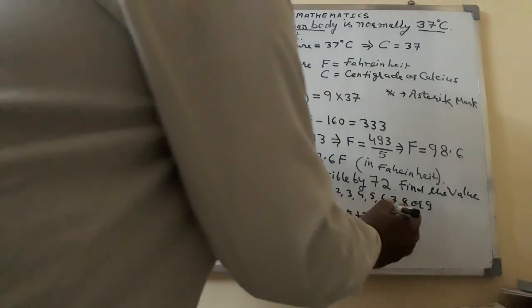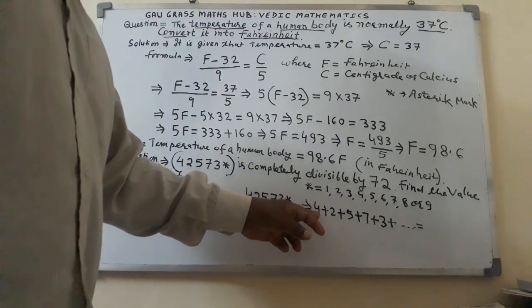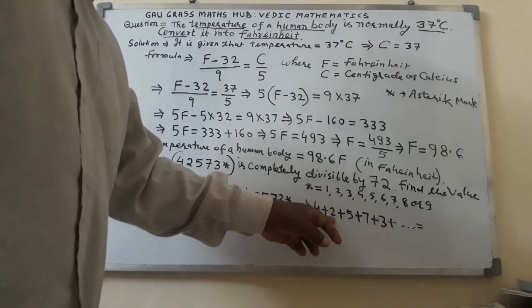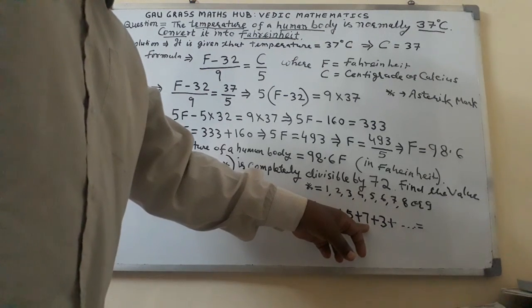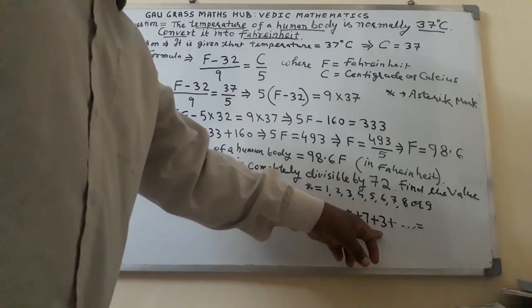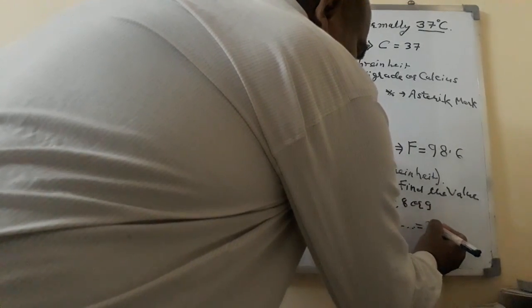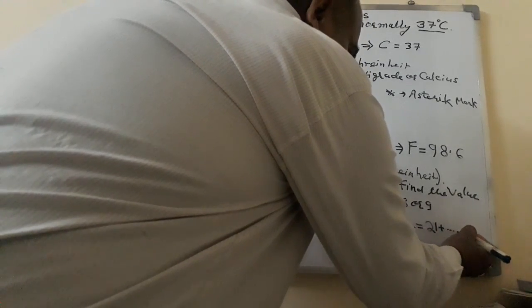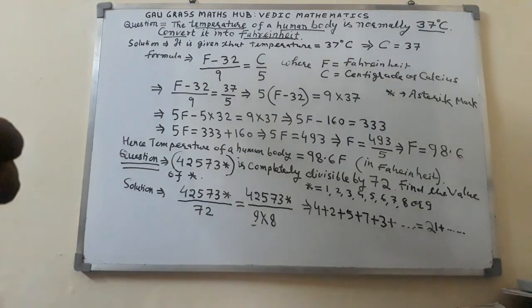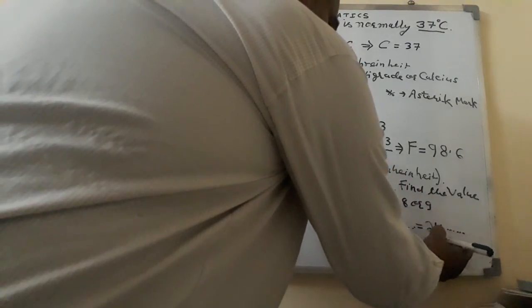So just add this. You will get 4 plus 2 is 6, 6 plus 5 is 11, 11 plus 7 is 18, 18 plus 3 is 21. So 21 plus one digit will be added, and it should be completely divided by 9.